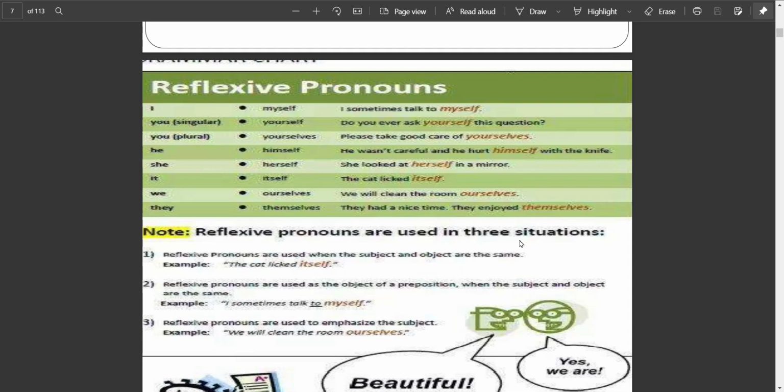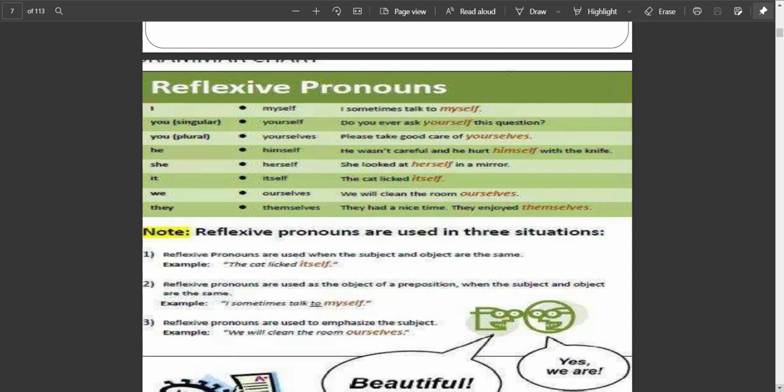Reflexive pronouns are used as the objects of a preposition when the subject and object are the same. Example, I sometimes talk to myself. Myself, right? Preposition too. Number 3, reflexive pronouns are used to emphasize the subject. ركز على الموضوع. Example, we will clean the room ourselves.